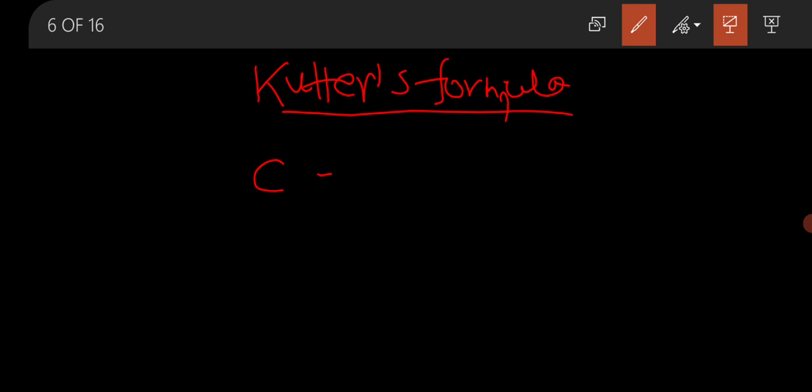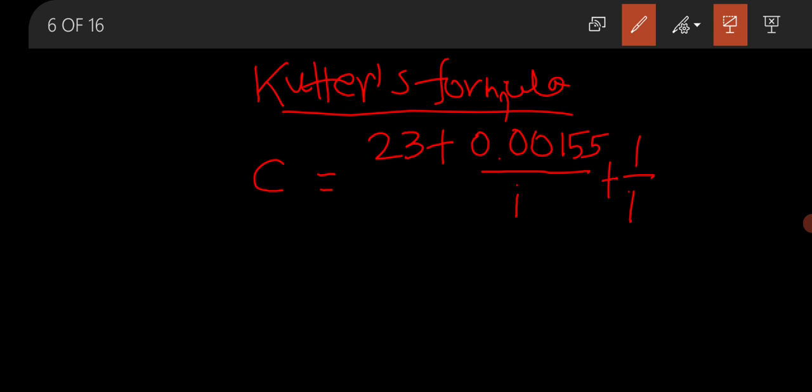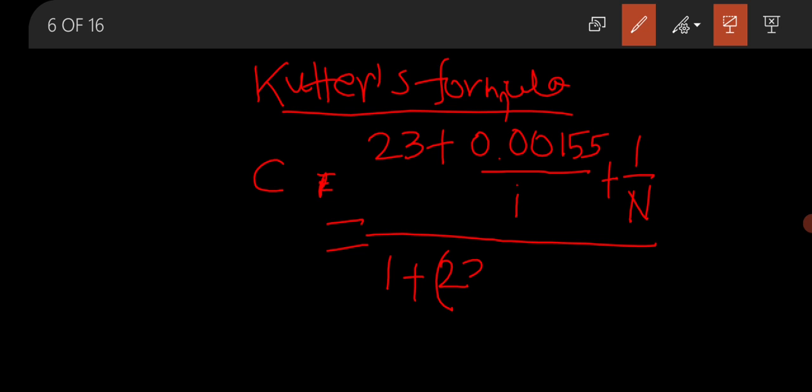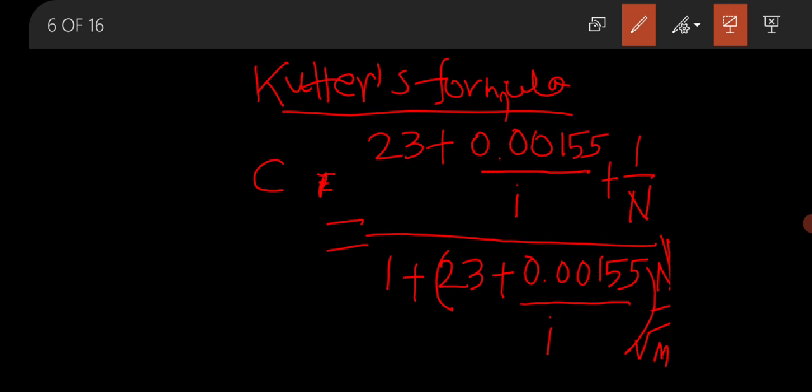As per Kutter's formula, C equals (23 plus 0.00155 divided by I plus 1 by N) whole divided by (1 plus (23 plus 0.00155 divided by I) whole into N divided by root over of M).